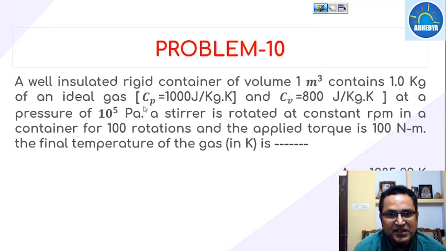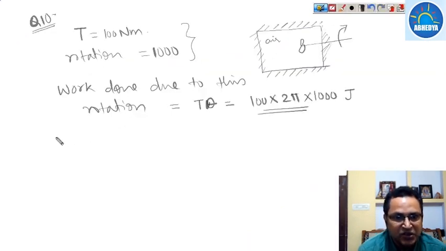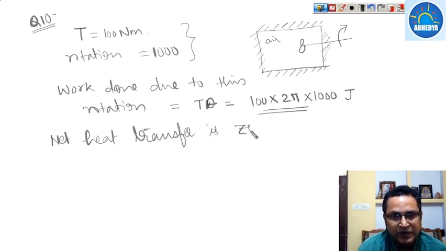and it is a well insulated rigid container. So what is the heat transfer? The heat transfer will be equal to 0. So net heat transfer is 0 due to insulation.